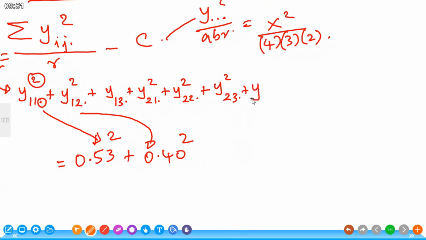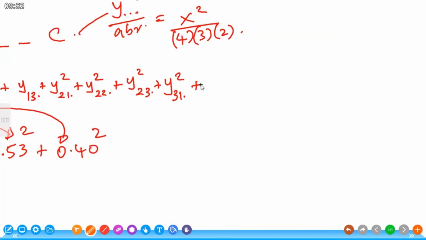Can you tell me what is next here? You have to calculate for all the levels of A and B, all the combinations. y3 1 dot square, y3 2 dot square, plus y3 3 dot square, plus y4 1 dot square.